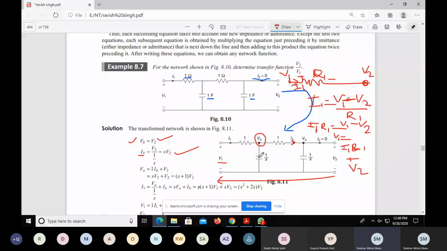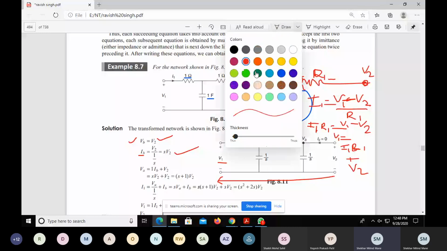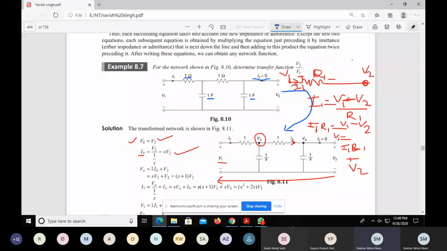In a similar way, I can write this VA and the current IB having this polarity, and this is VB. So I can write VA is equal to 1 into IB plus VB, like this.